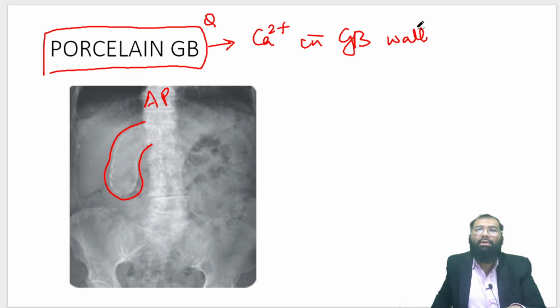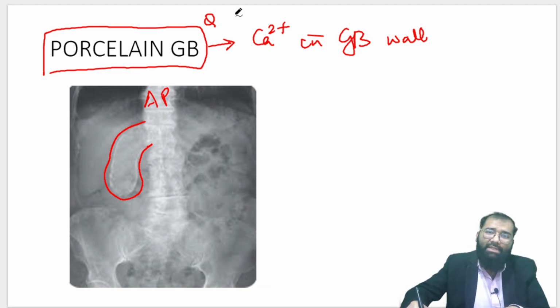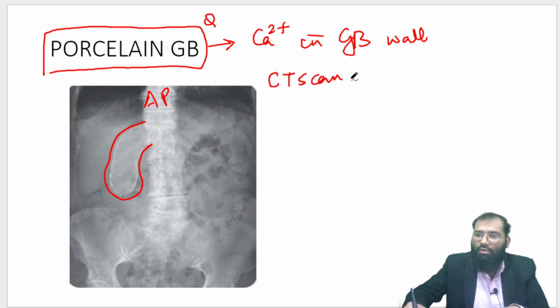And very important, calcification is seen bright on radiograph. Now again, a very important physics concept which I would like to tell you here is that, remember, CT scan is also based on X-ray principles.